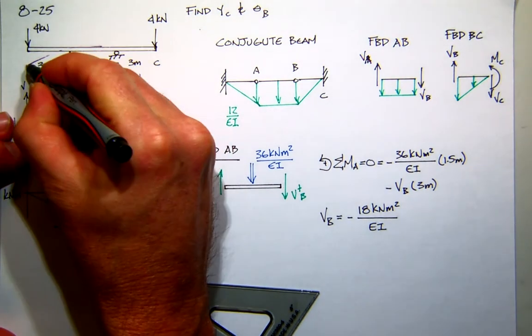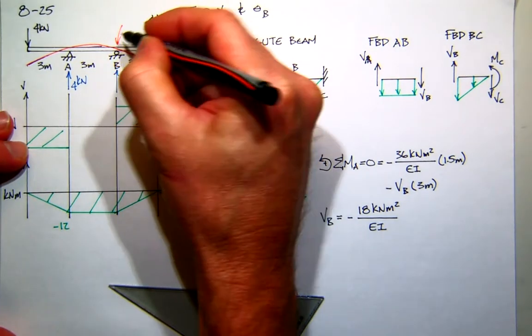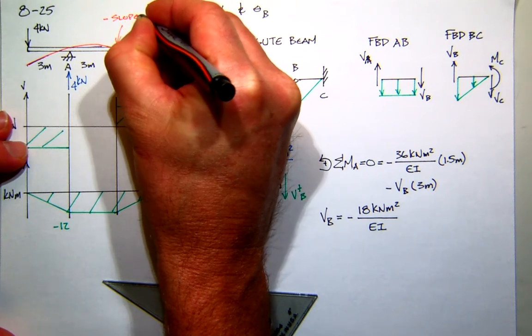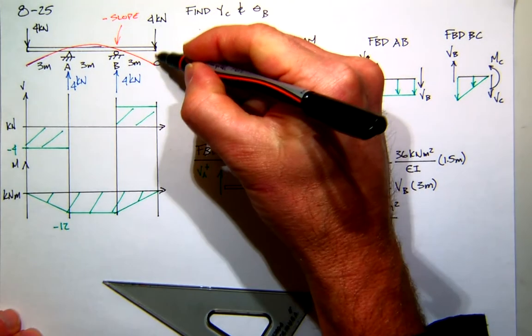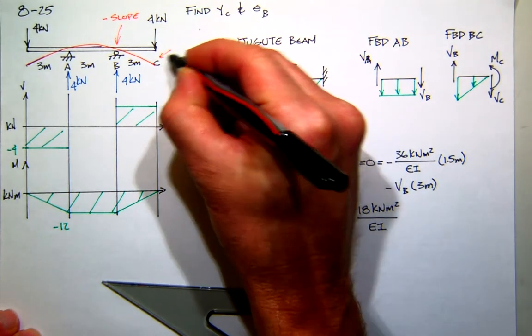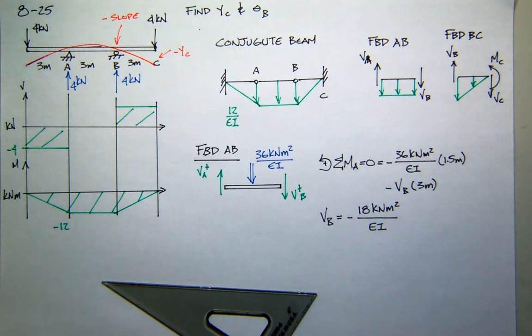Yeah, it's going to look like this. So you can see here at B that it does have a negative slope. So that seems reasonable. So what do we expect the displacement at C to be? Also, we should expect a negative slope. Let's see if that happens.